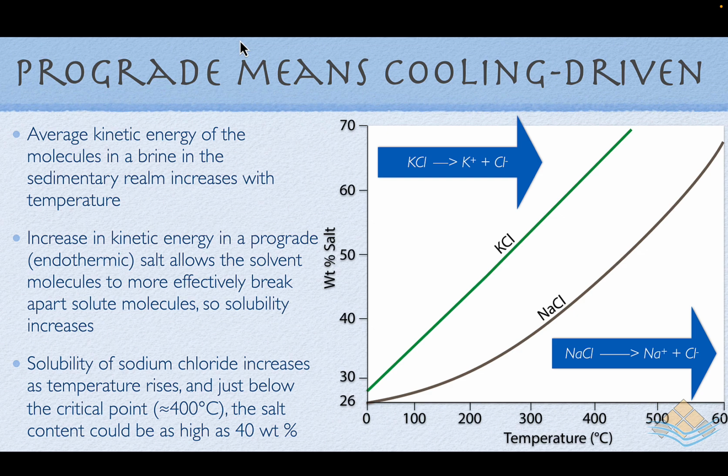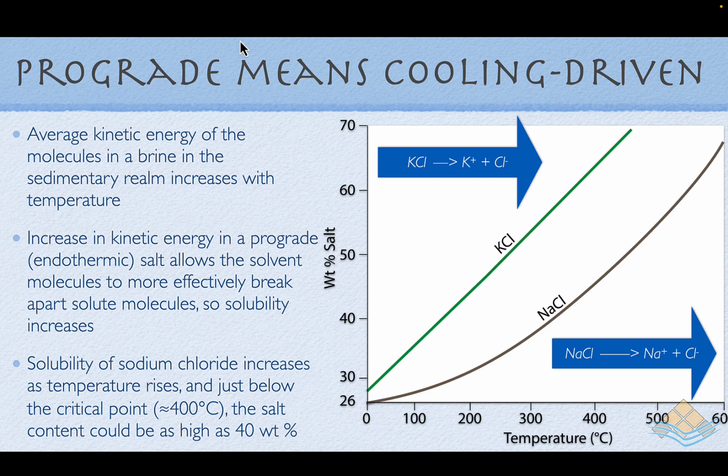Here I plotted up two prograde salts. With prograde salts, we see increasing solubility with increasing temperature. The reactions move to the right, where we put solid components into solution, into ionic solution as ionic species, as we increase the temperature. This is what controls the solubility of salts, which are endothermic, where the average kinetic energy of the molecules in that brine is increasing.